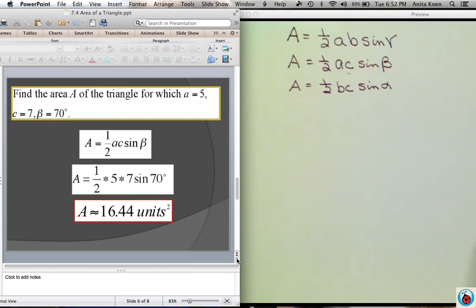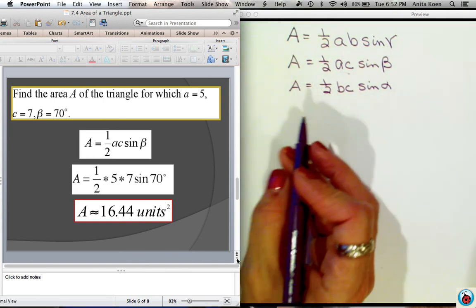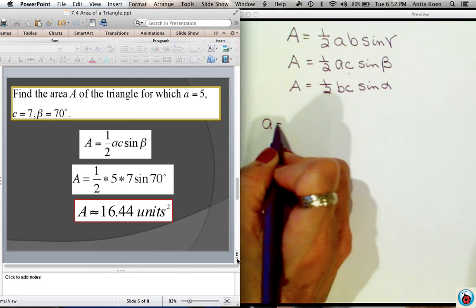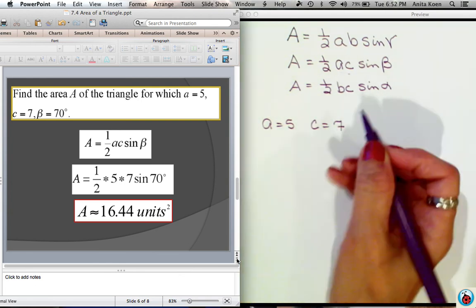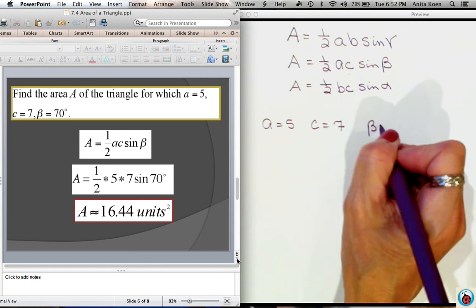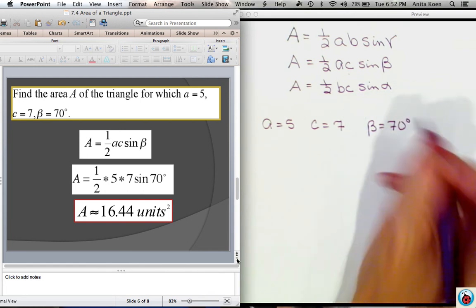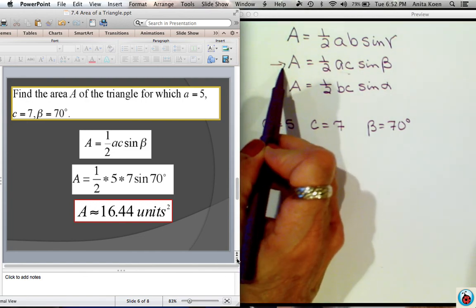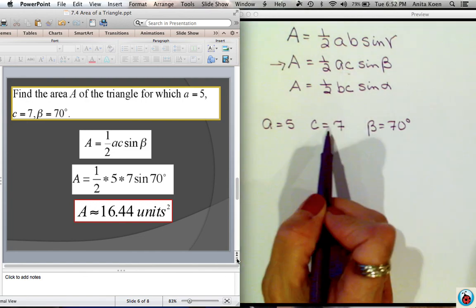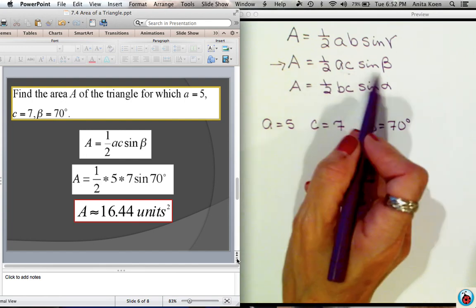We have a triangle that has sides a and c. a is 5 and c is 7. We also know that beta, which is the included angle, is 70 degrees. So we're going to use this middle formula right here because we know we have the two sides and the included angle that go with that.